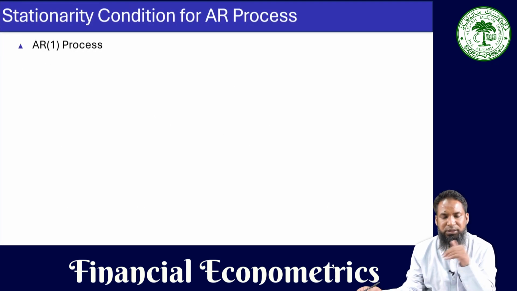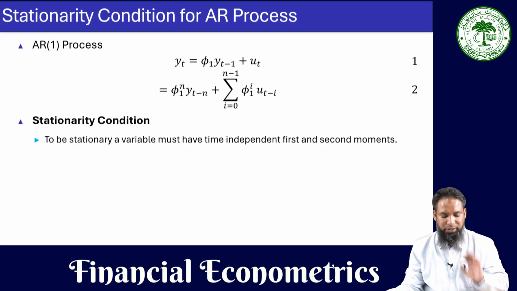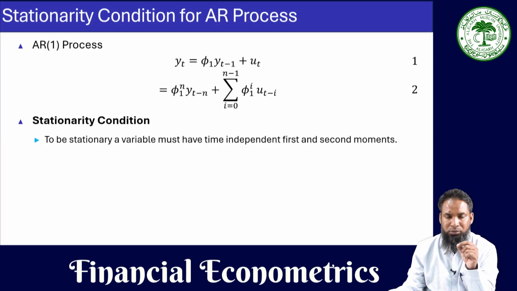Then what is the stationarity condition for this AR1 process? We know this can be written like this. For any series to be stationary, the moments of that series must be time independent, that is mean, variance and covariance; this is the concept of weak stationarity.